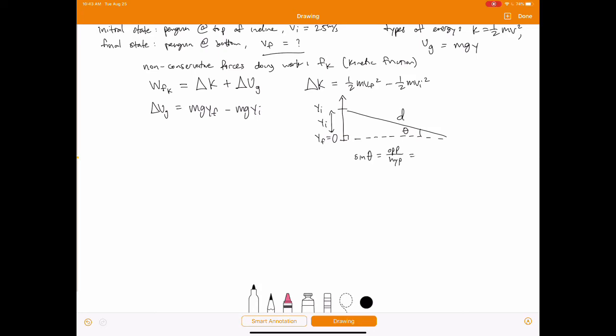In this case, the opposite side is y initial. The hypotenuse is d. And what that tells us is y initial is d sine theta. And again, y final is 0. So what we have for the change in potential energy is 0, because y final we plug in is 0, minus mg times d sine theta.